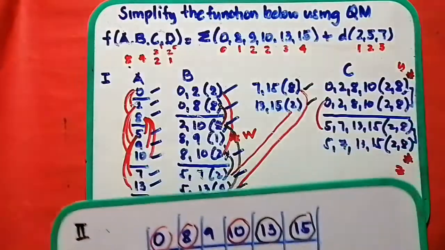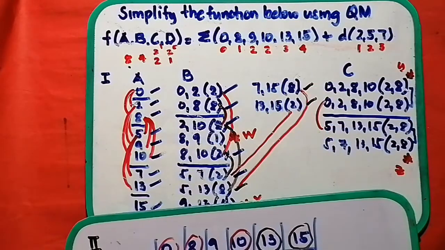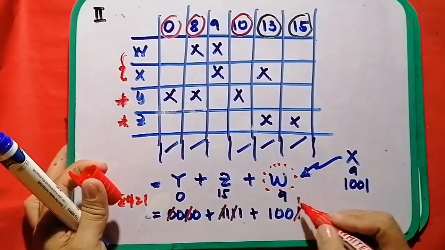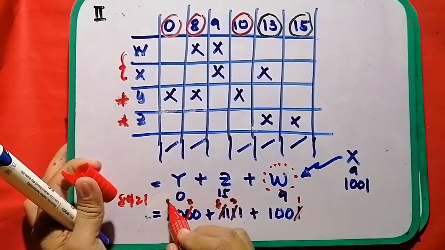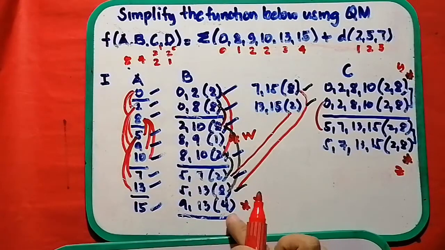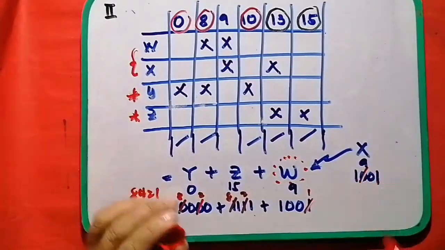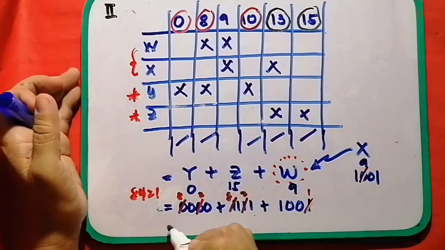For w, the difference is 1. Okay? So 1. That is 2, 8. Okay. Then for x, it's 4. 1, 2, 4. Okay. Then we convert this now into its min term.